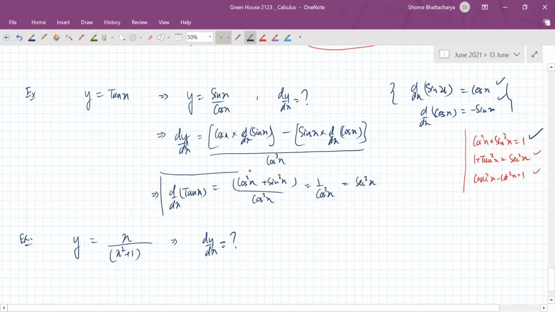We are proving this, but of course, making use of the fundamental formula that differentiation of sine is cos and differentiation of cos is minus sine. So this term here will become minus sine, and this term will become cos. So that's how we are getting cos square plus sine square.